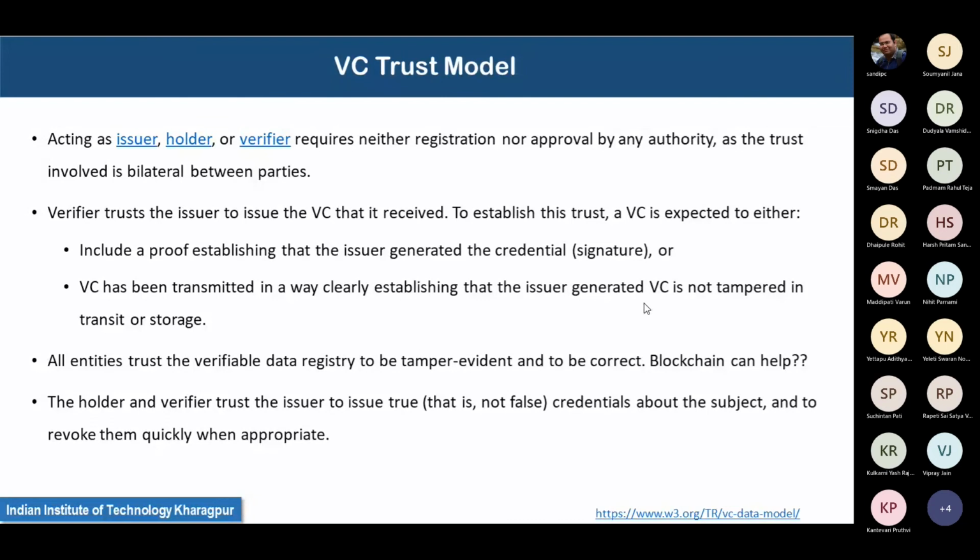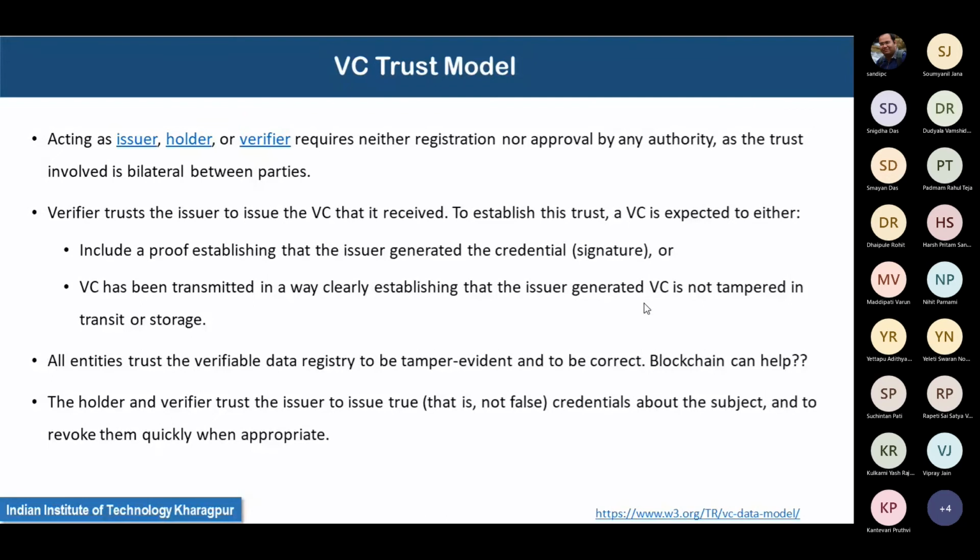Just as we'll have some tutorial on Hyperledger Indy, we also plan to have a quick tutorial on Hyperledger Aries later this month, so that you will get an idea about how these verifiable credentials can be supported.